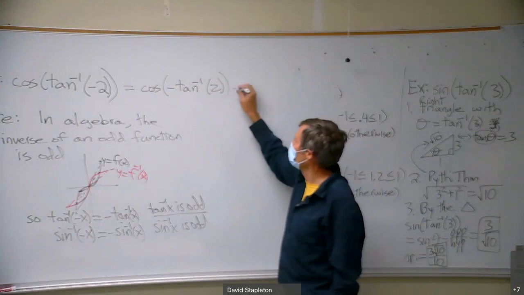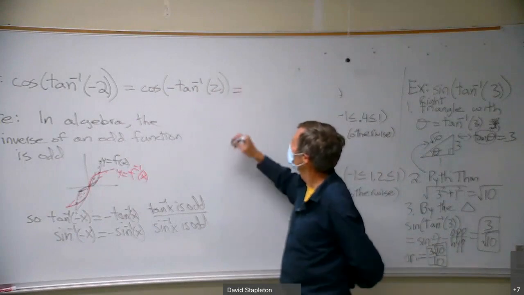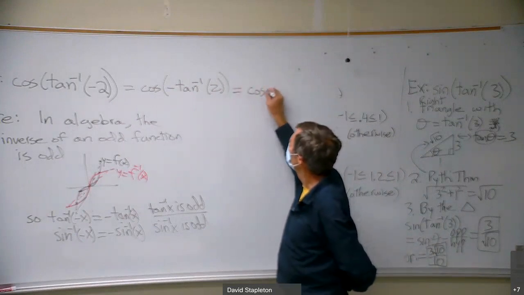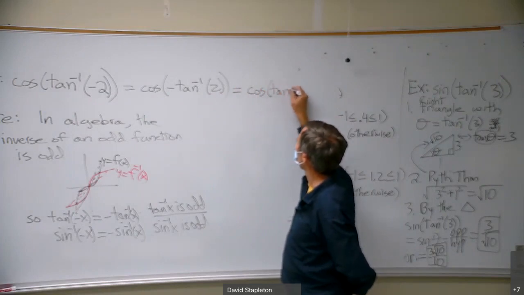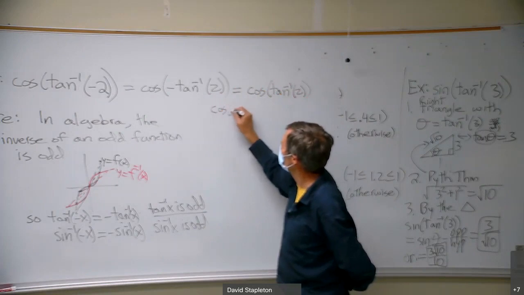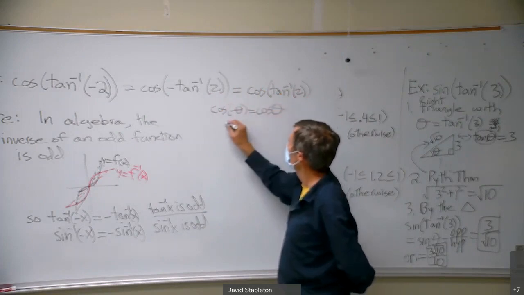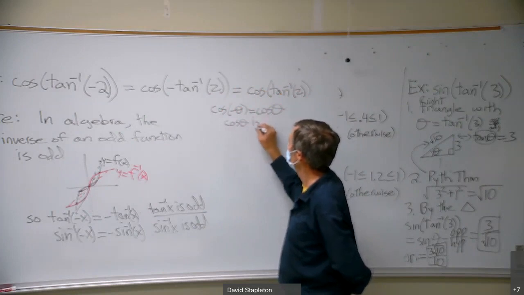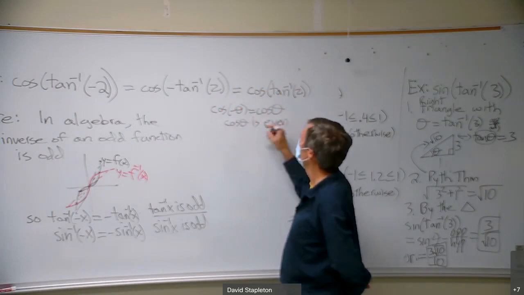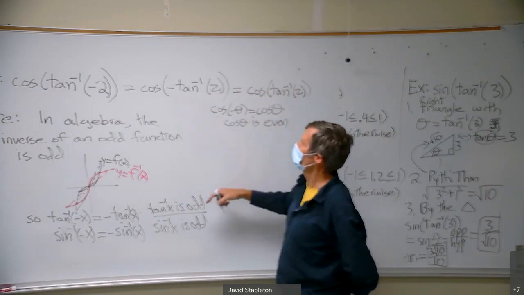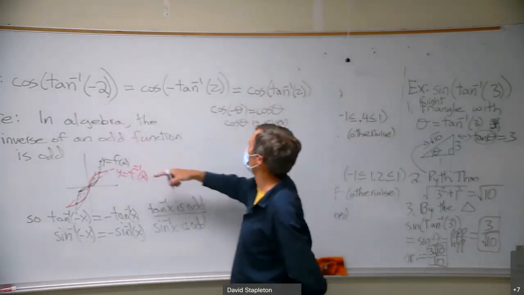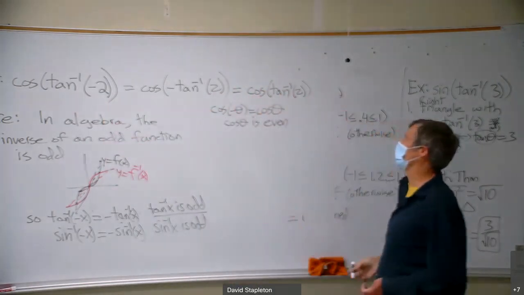Well, how can I simplify that? The cosine of plus the arctangent, because remember, cosine of minus theta is cosine of plus theta. Use the even property. Cosine is even. The minus goes away, so I can just drop it. Instead of evaluating cosine of the arctangent of -2, I can just evaluate cosine of arctangent of plus 2.